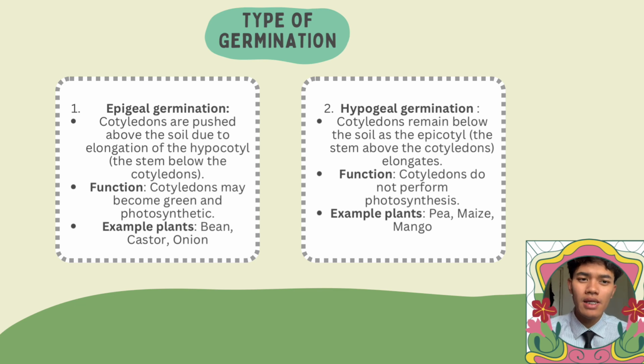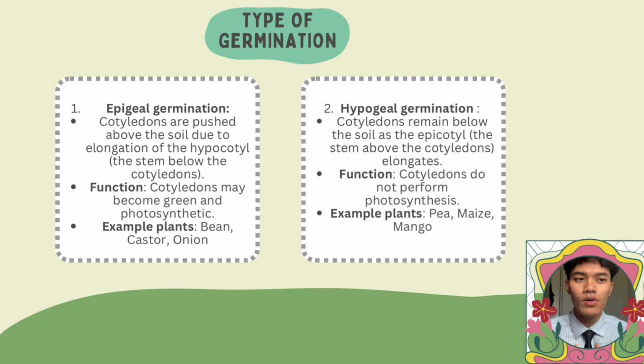The function is that cotyledons may become green and photosynthesize. Example plants of epigeal germination are bean, castor, and also onion.